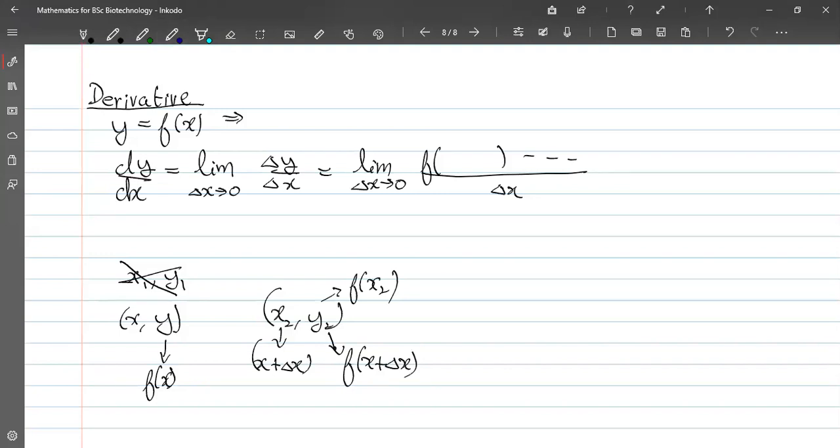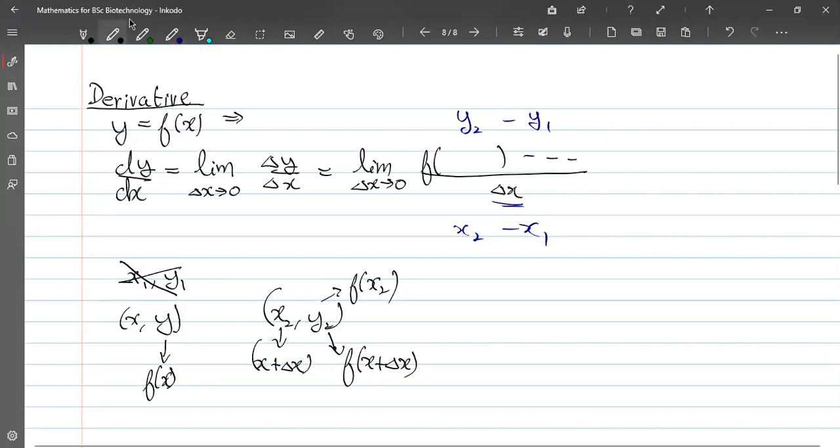So here, delta y by delta x is actually y2 minus y1 by x2 minus x1. x2 minus x1 is, as before, delta x. What is y2 minus y1? According to what you have written here, y2 is f of x plus delta x, and y1 is f of x.